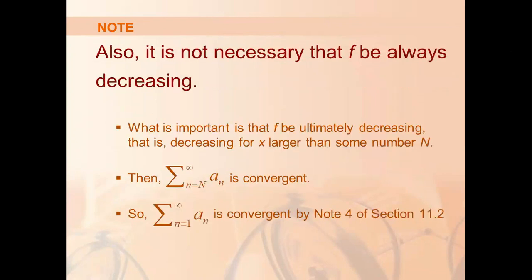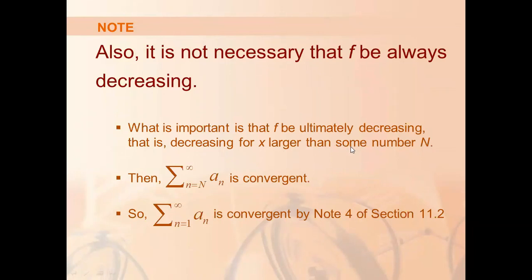The second point is that it is not necessary that f be decreasing on the whole interval 1 to infinity. The important thing is that f must be ultimately decreasing, that is, decreasing for x larger than some number N. Before the number N, it may be decreasing or increasing.